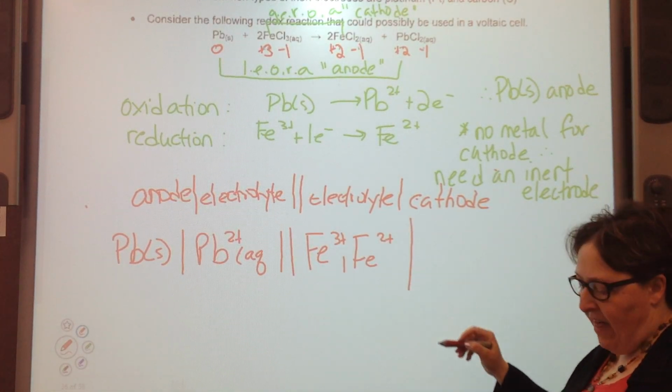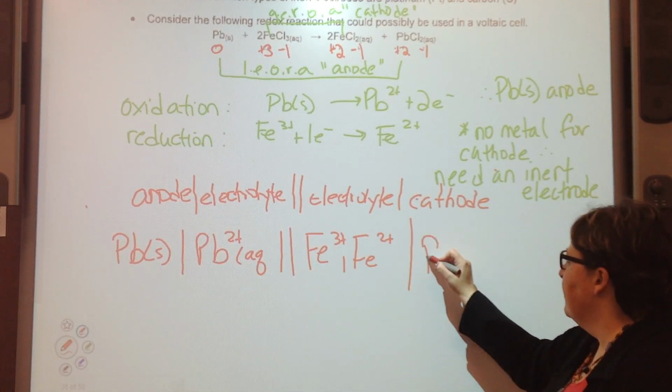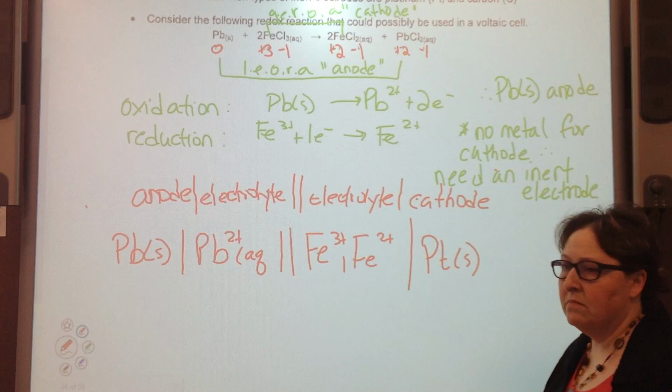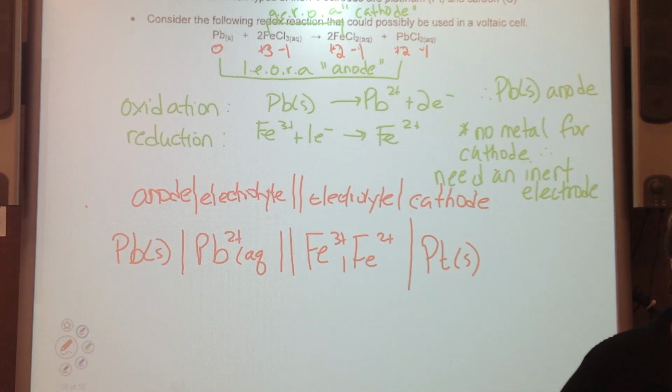And so then for our cathode, we could write, let's pick platinum because we got lots of money in our pocket. Okay? Does that make sense?